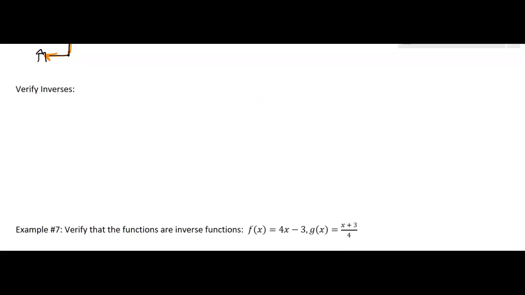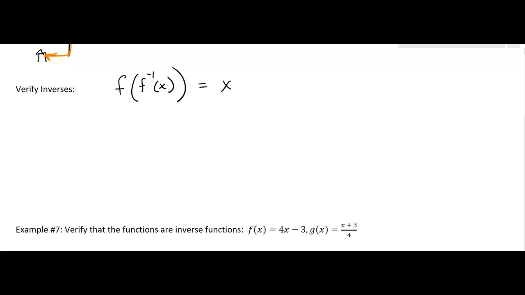So for inverses, there's another property. If you take f of f inverse of x, I would probably use brackets, but they use parentheses in the book, that has to get you just x. So it's a composition.